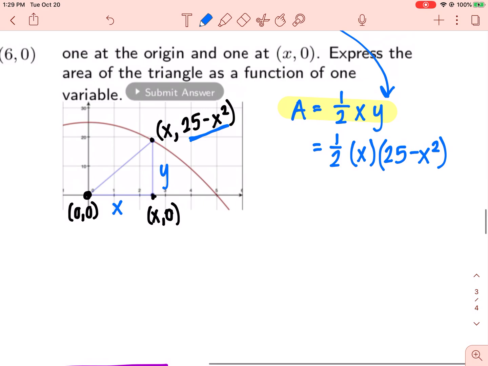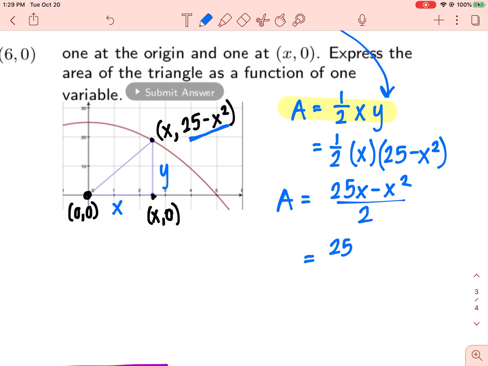So now I can do a nice little distribute action, and I can find my area just in terms of one variable, just in terms of x. So you can leave it like this, (25x minus x cubed) all over 2, or you can simplify each term like so. It will not matter. Sorry, this should be x cubed. Doesn't matter how you write it.